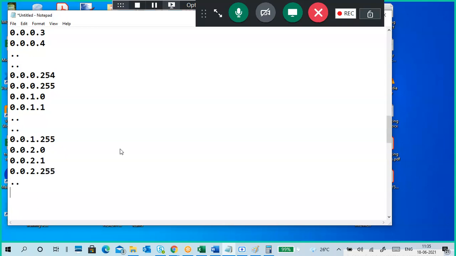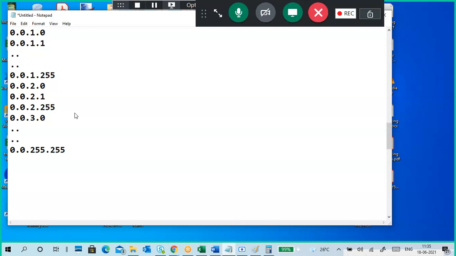Like this it continues, it becomes 0.0.3.0, and finally we reach 0.0.255.255.